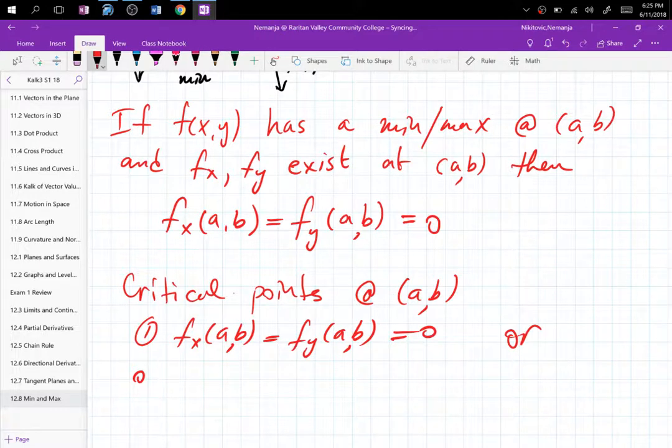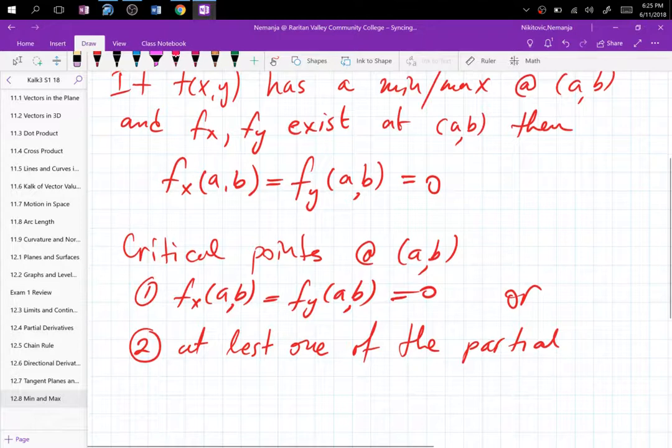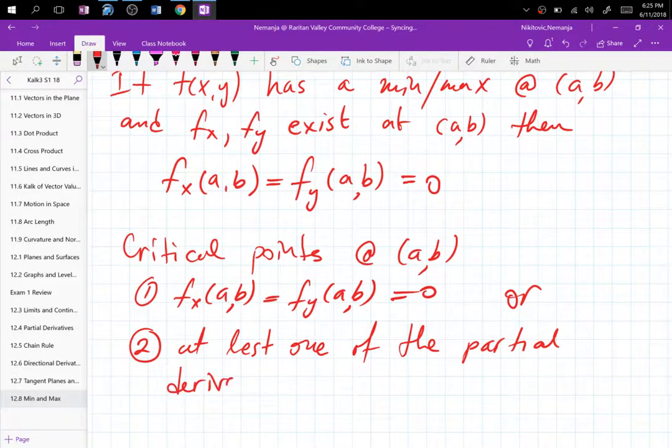Or 2, at least 1 of the partial derivatives does not exist.